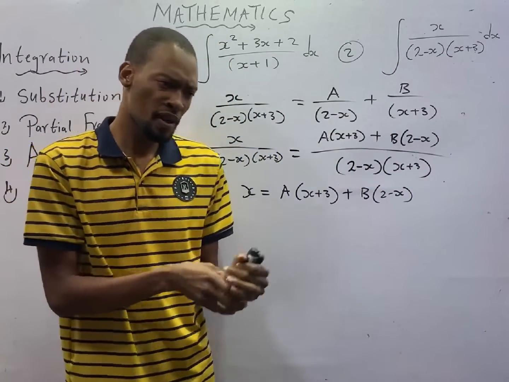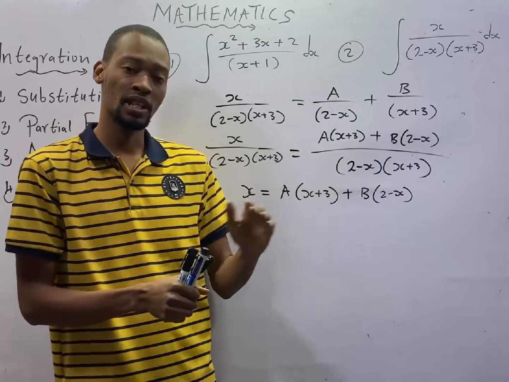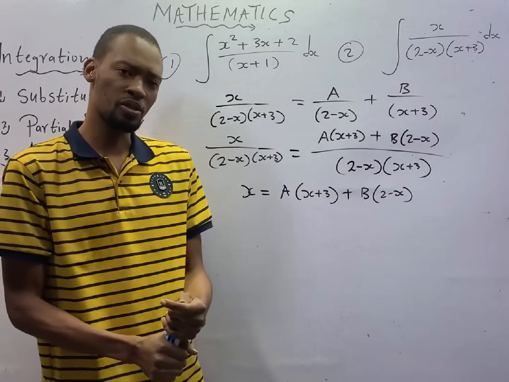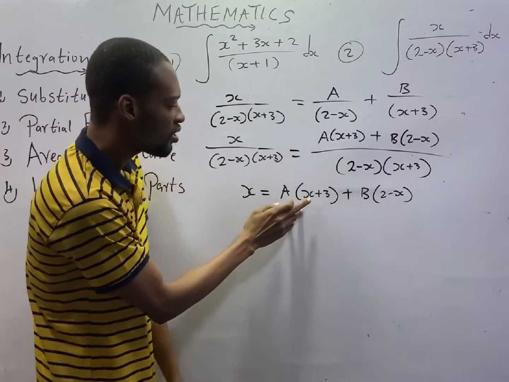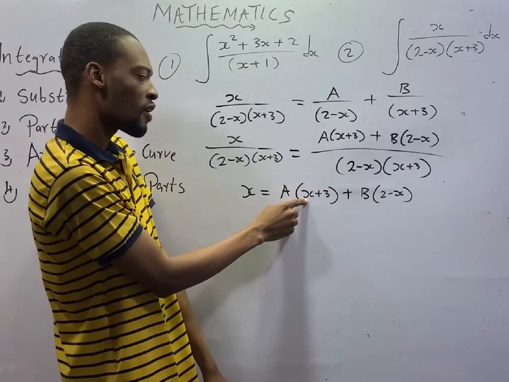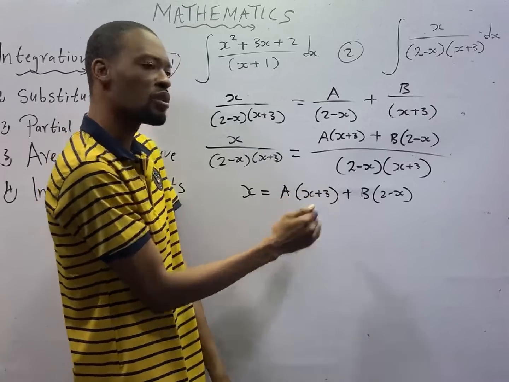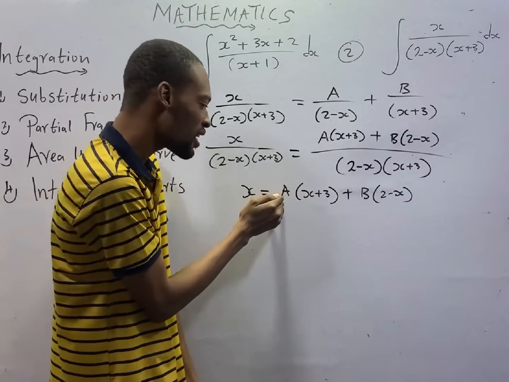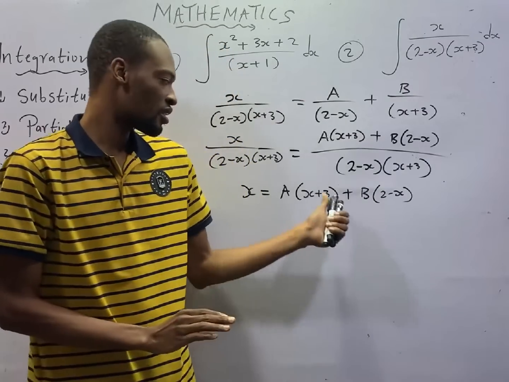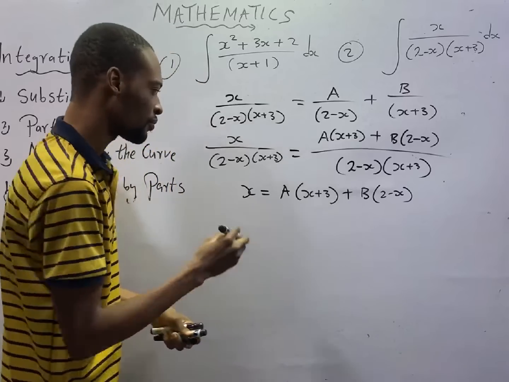For example, 0 multiplied by any value will give you 0, right? Yes. If that is true, look at this. Here is s plus 3; if you make s minus 3, it means minus 3 plus 3 will be 0. 0 times A will be 0. As such, we've eliminated A. So let's go ahead and try that.